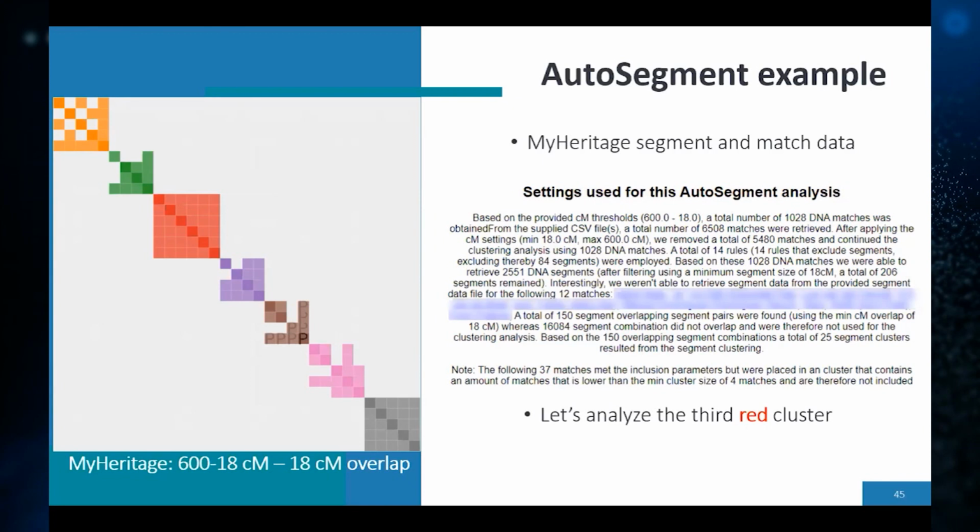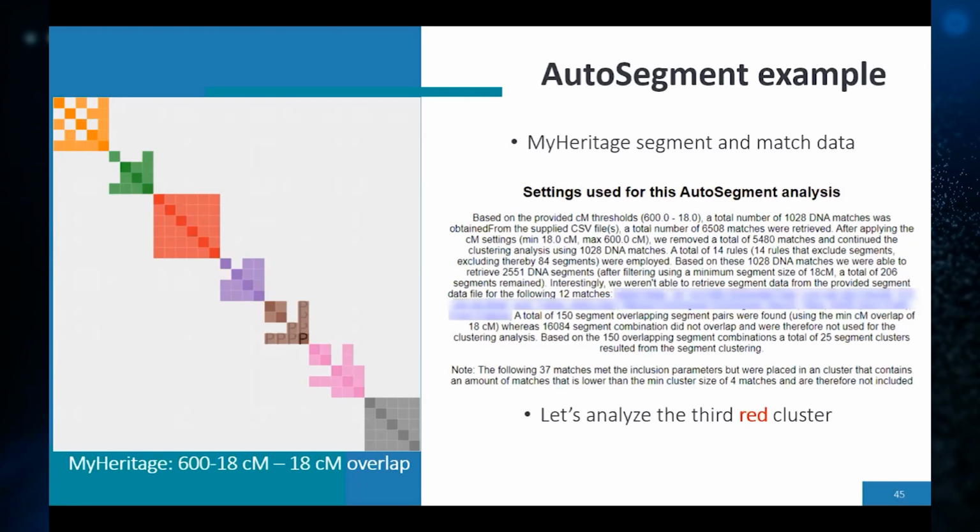Although MyHeritage of course has more European matches, people from the US can typically take higher centimorgan matches because they have more matches in a higher range. For this particular analysis, I took segments that should overlap by 18 centimorgans, so only 18 centimorgans and higher.